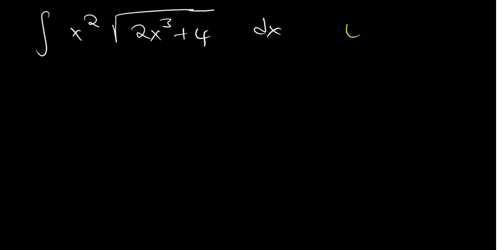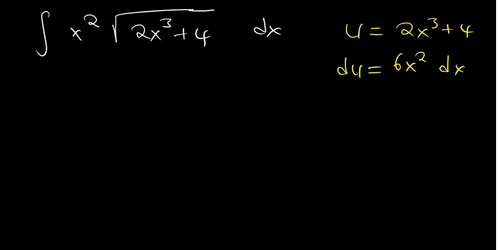So you will let our u be equal to 2x to the power 3 plus 4, and then our du is going to be 3 times 2, which is 6, so I have 6x squared dx. Alright. And then if we make dx the subject, it's going to be equal to du over 6x squared.